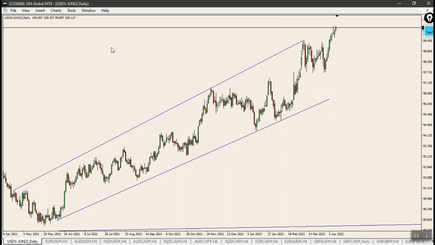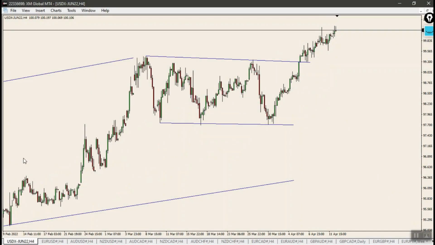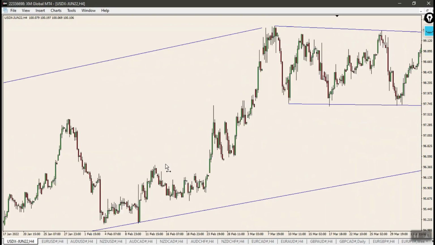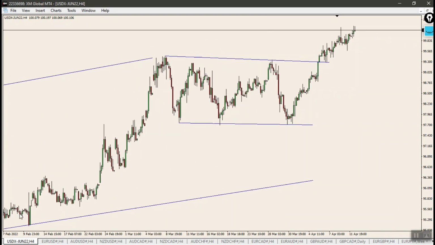Let's go on the 4 hour so we can further break this down. On the 4 hour, we see now the market has been moving rather impulsively to the high. We have an impulse, correction, impulse, correction, impulse, and then the market built a large structure.